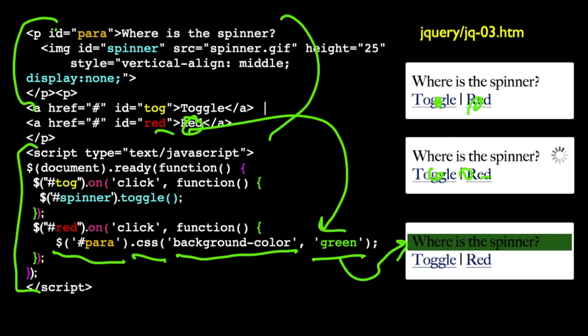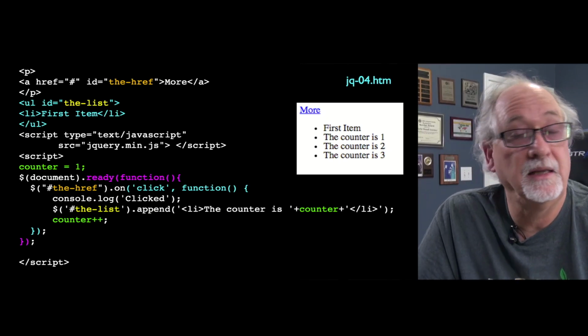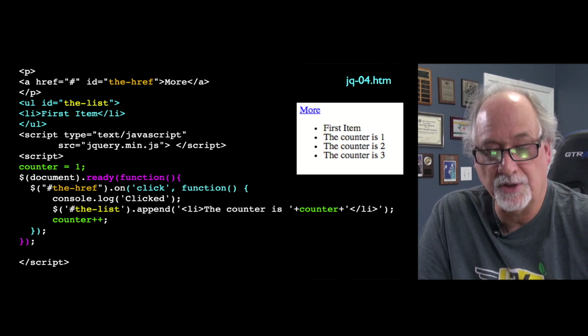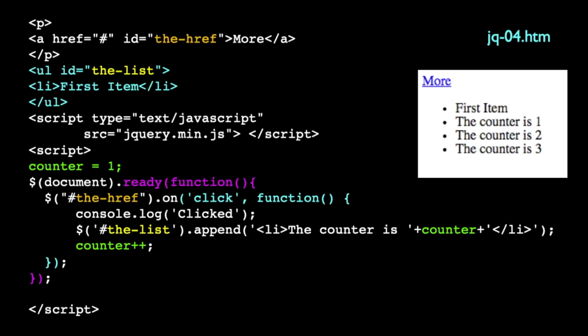It's very much a jQuery pattern to get everything set up in the document ready, and then have the page have its interactive aspects that use jQuery. This is a little more sophisticated example that mirrors what we did with the document object model. We're going to re-implement this thing where it starts out and says first item, and every time we click on more, it adds another list item to that.